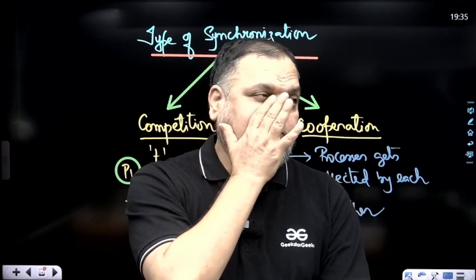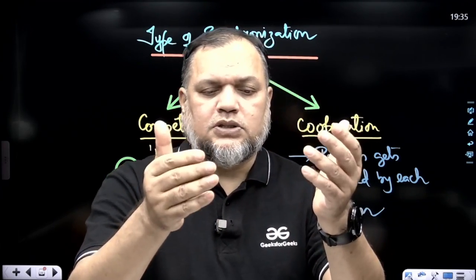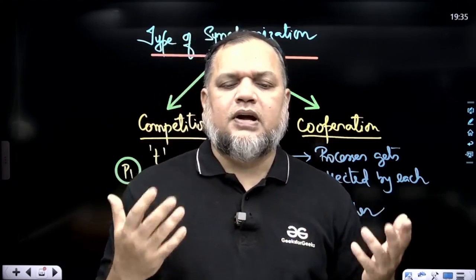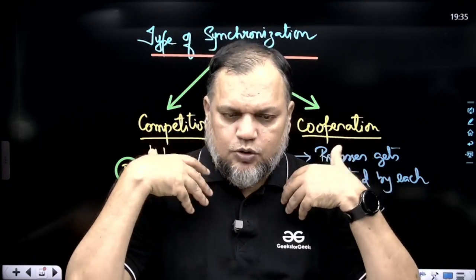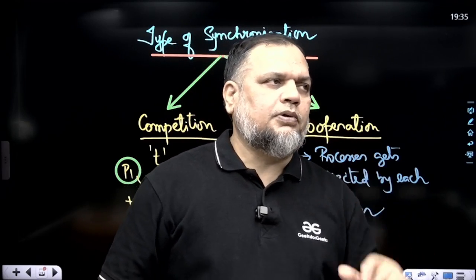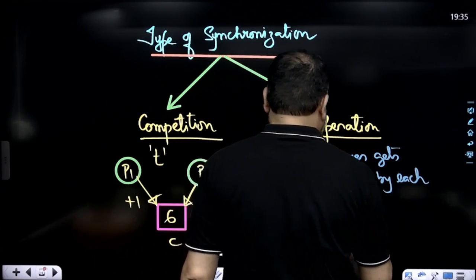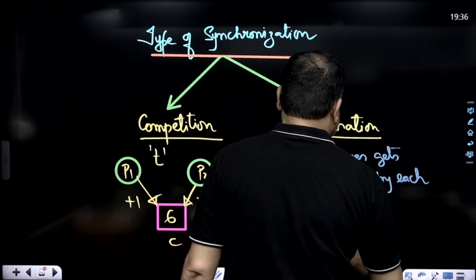The classroom example environment which I gave belongs to the cooperation type, like teacher and students. If students make a hell lot of noise, the faculty will get affected. Due to the teaching, due to the knowledge of the teacher, the students' knowledge will get affected. That is cooperation. And the best possible example generally found in the literature with regard to cooperation is a well-known problem called producer-consumer.